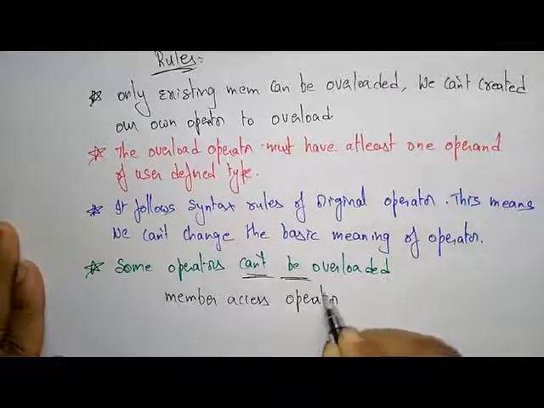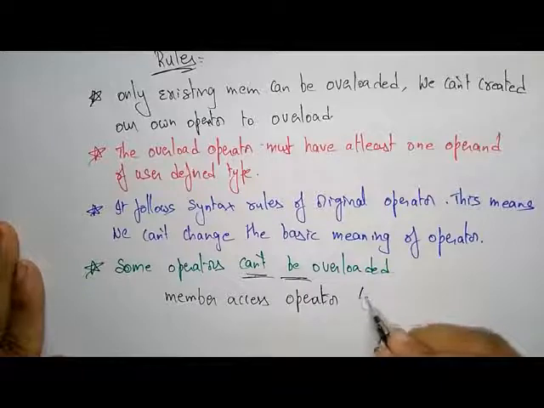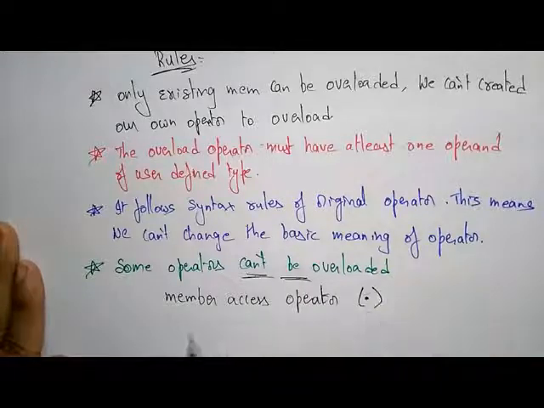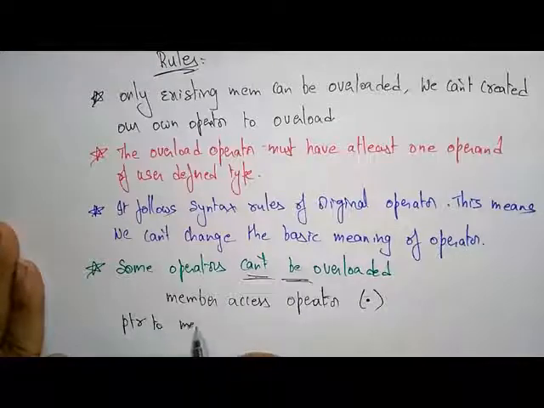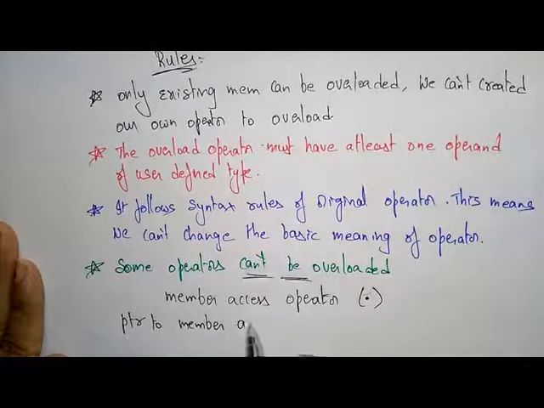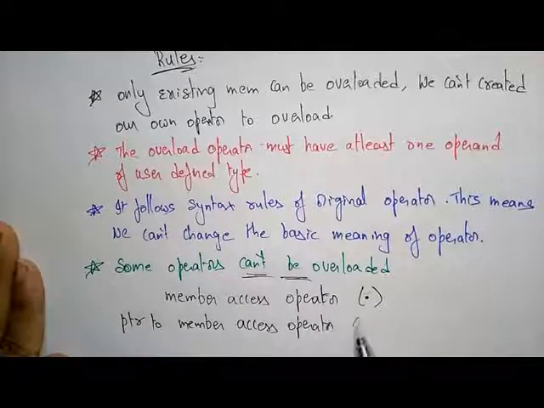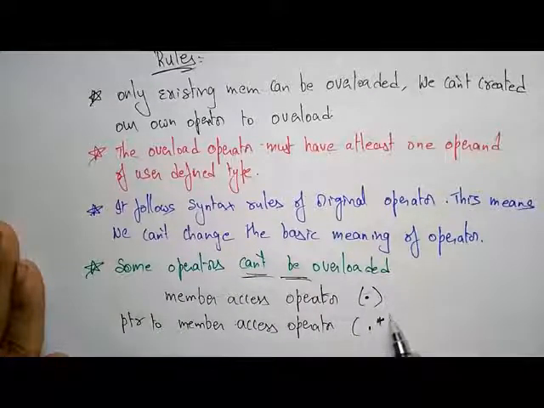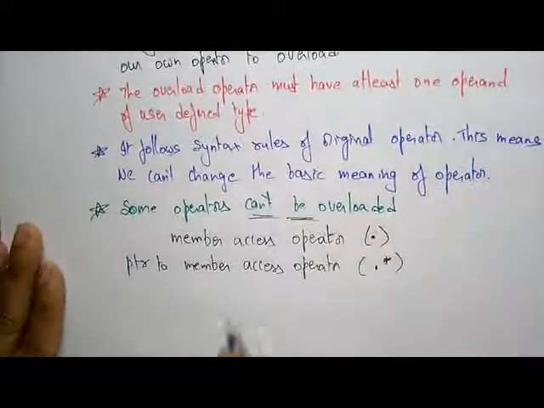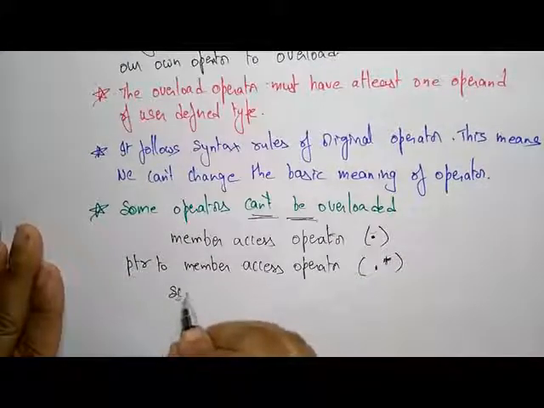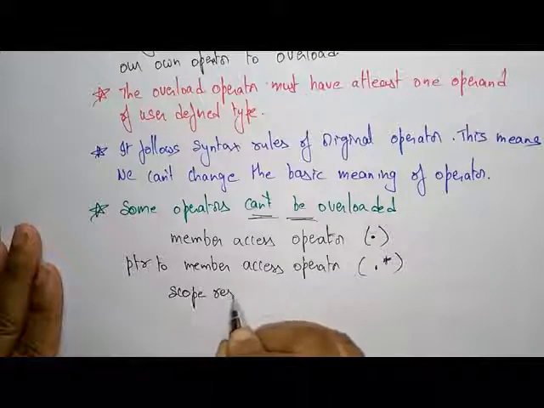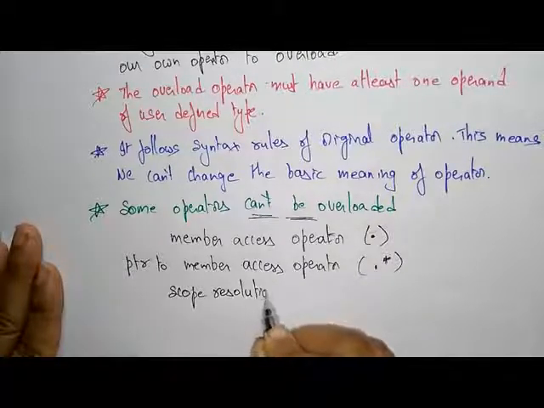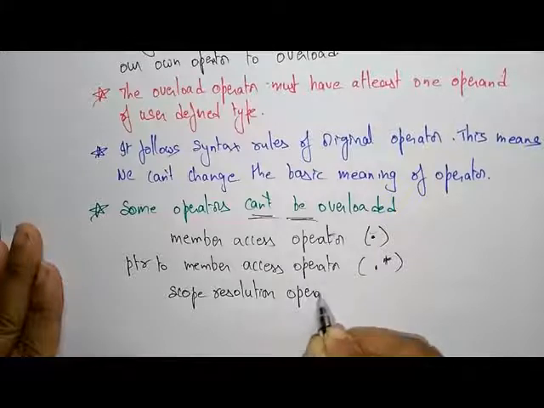Which operator do you use for member access? Dot operator. And pointer to member access operator, that is dot pointer. And scope resolution operator, these cannot be overloaded. Scope resolution operator.